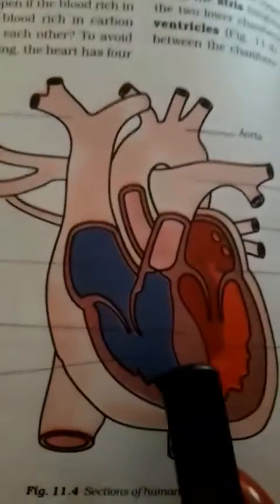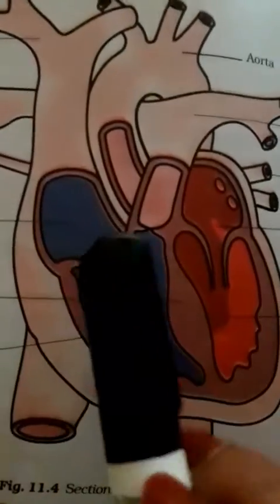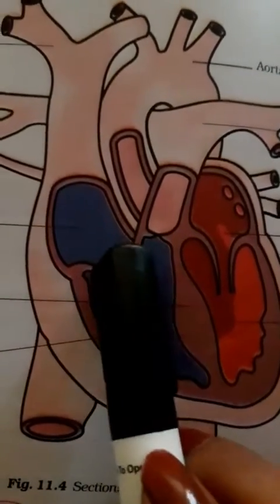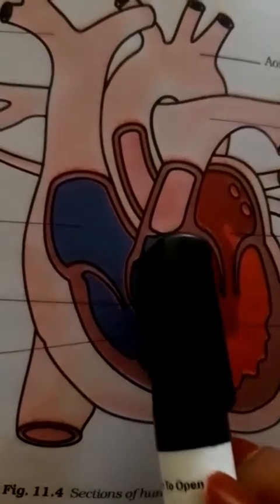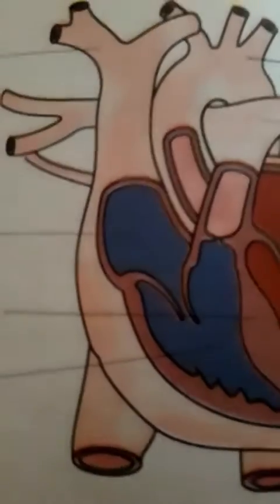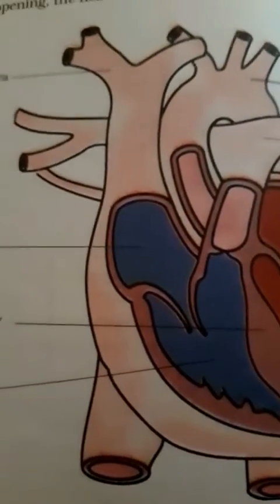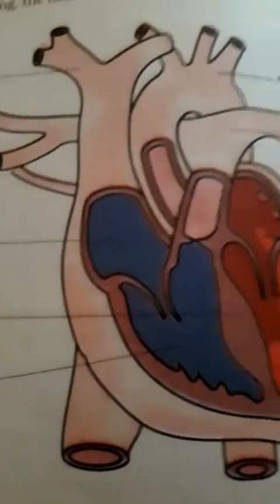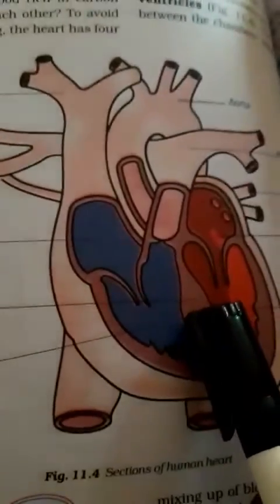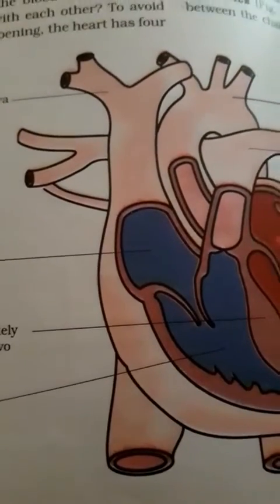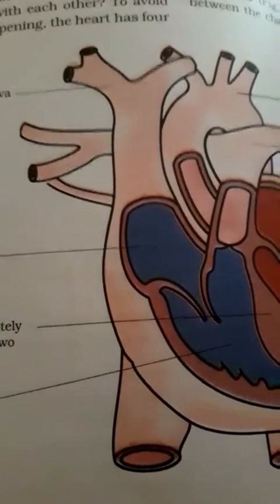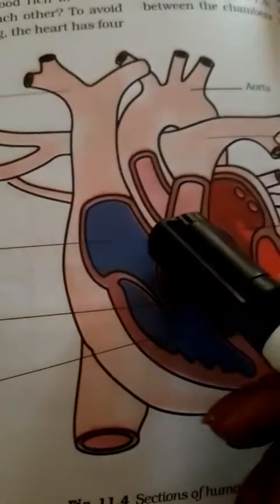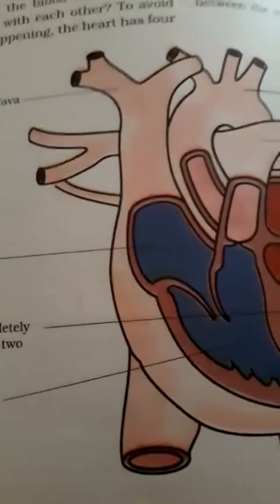But if the oxygenated and deoxygenated blood mix with each other, the body cells will not get enough oxygen for respiration, due to which less energy will be released in the body. This is all about your heart and how it pumps oxygenated blood to the whole body and deoxygenated blood back to the lungs.